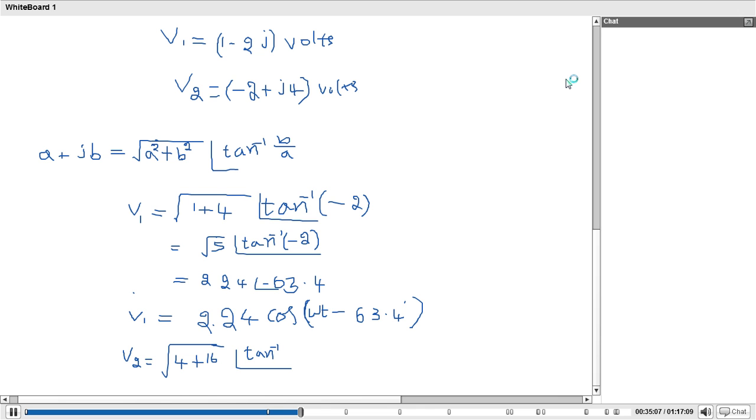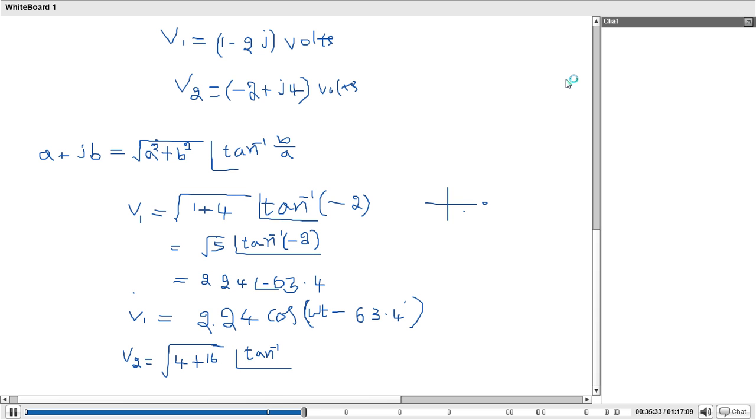See, this is not the same as the previous one. The previous one is 1 minus j2. So 1 minus j2 means which quadrant will it come in? Real is positive and imaginary is minus 2j, so it comes in the fourth quadrant. That's why minus 63.4 came. Minus 63.4 means this is the fourth quadrant.